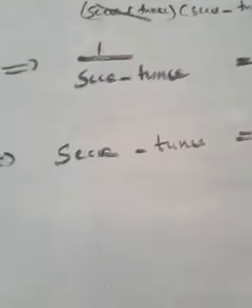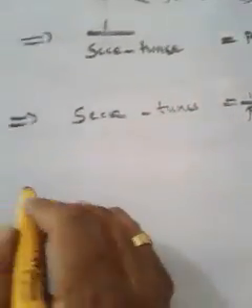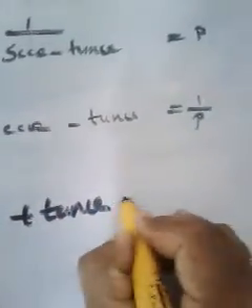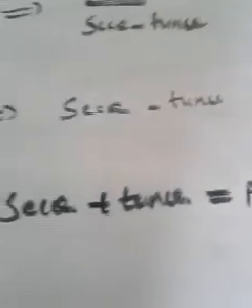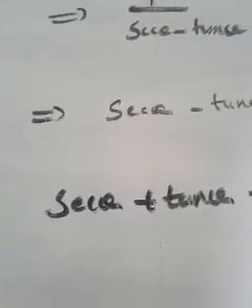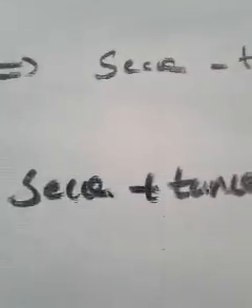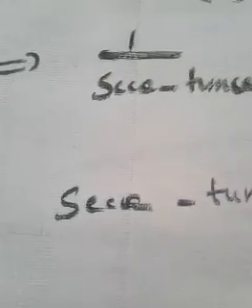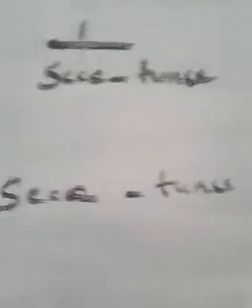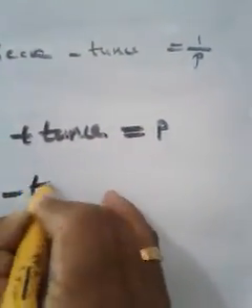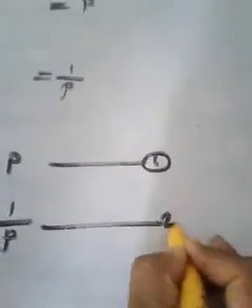That means we have two expressions now. The first expression: sec theta plus tan theta is equal to P. Please let me tell you one thing: you have to write proper steps. I'm explaining very fast, so please write proper steps in between. This is the given thing, and now I derived an expression for sec theta minus tan theta as 1 by P. So this is your first expression, this is your second expression.